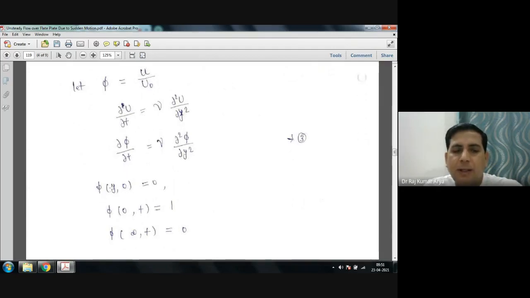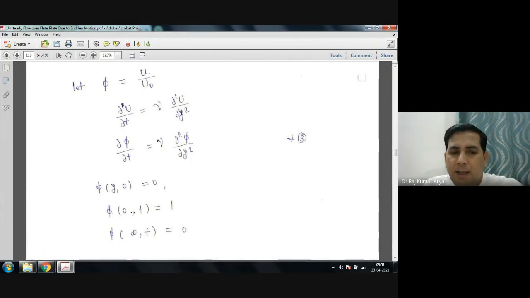So phi at t equal to 0, for all y, the entire fluid is at rest. Therefore, this u upon u naught term would be 0. So u is 0, u naught has some velocity, so that would be 0 here.